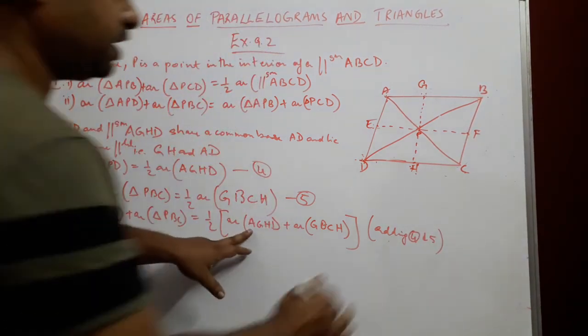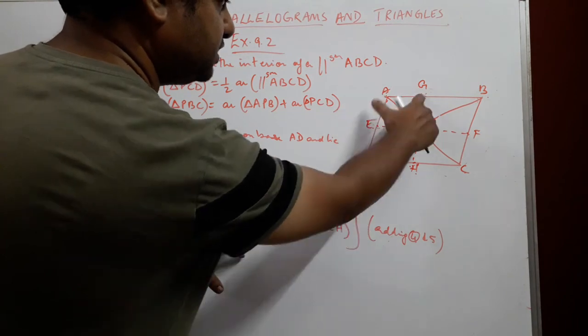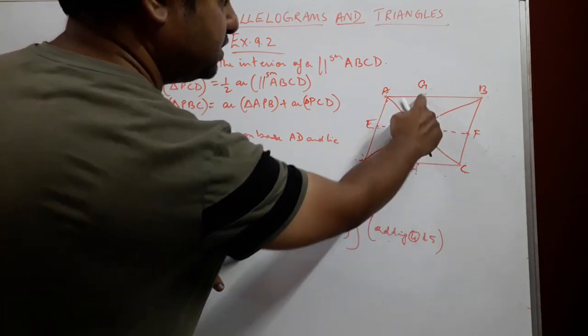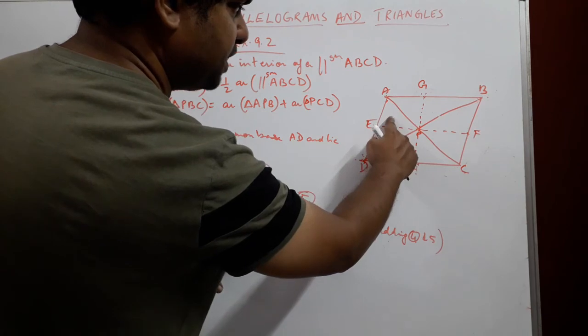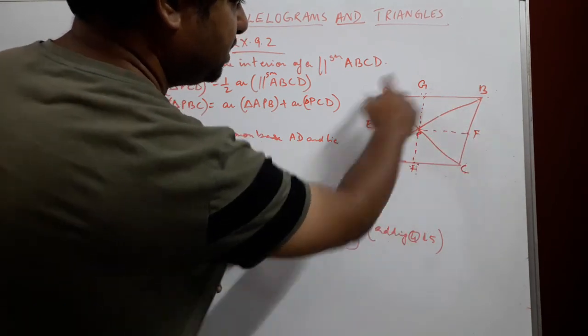Now if you have a look, AGHD plus GBCH, this parallelogram plus this parallelogram makes up the entire parallelogram.